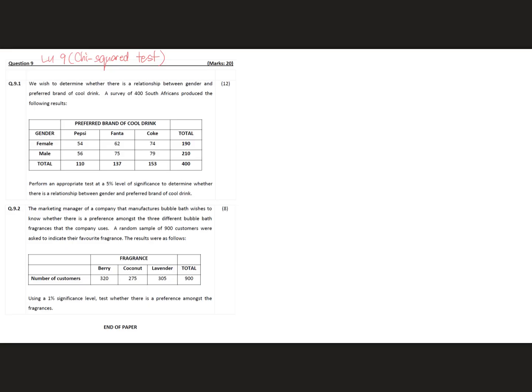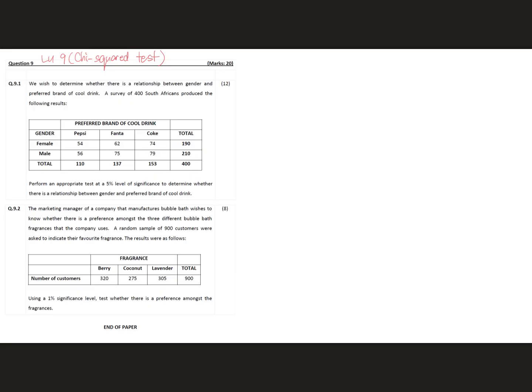This is where we follow the same 5 steps that we did with hypothesis testing. However, we are only ever looking at a positive upper tail test, meaning it can never be a lower tail test, and it can never be a two-tail test. That's the only difference.